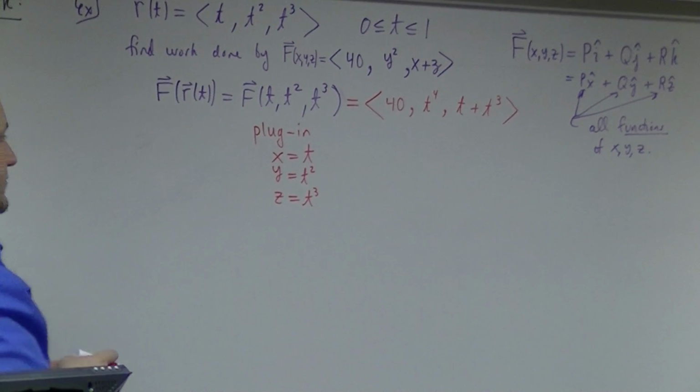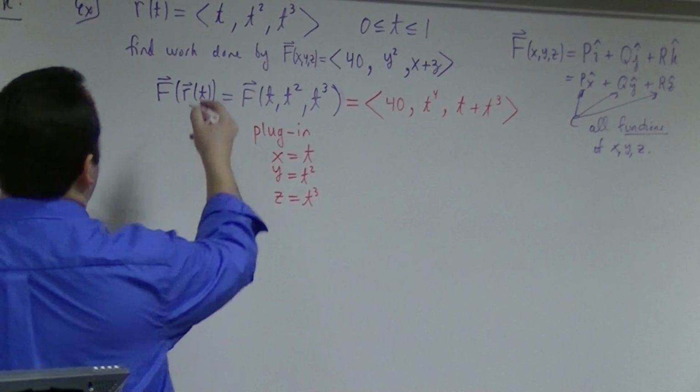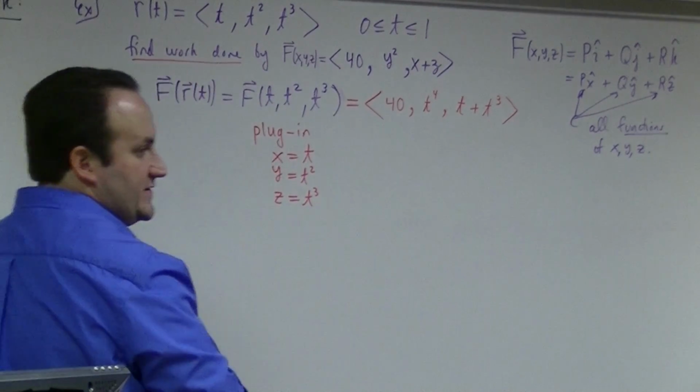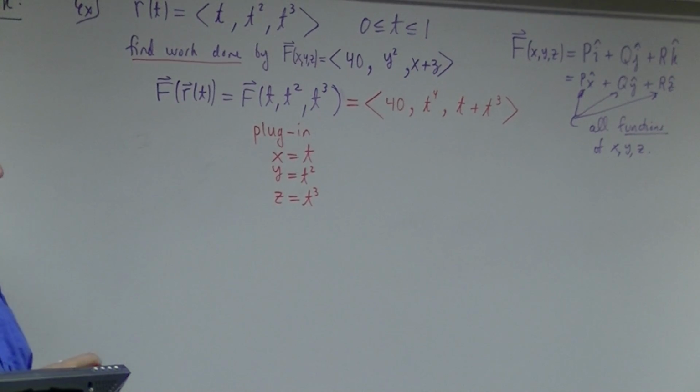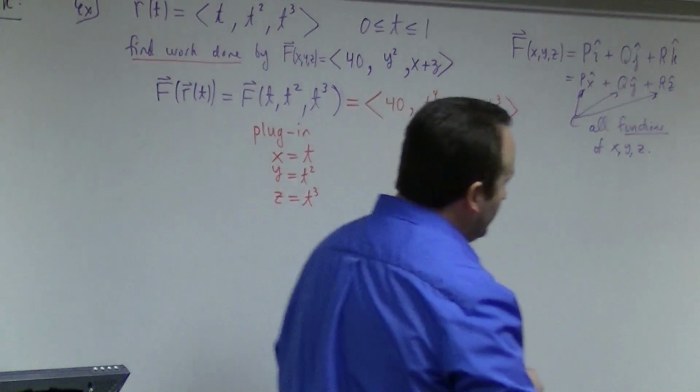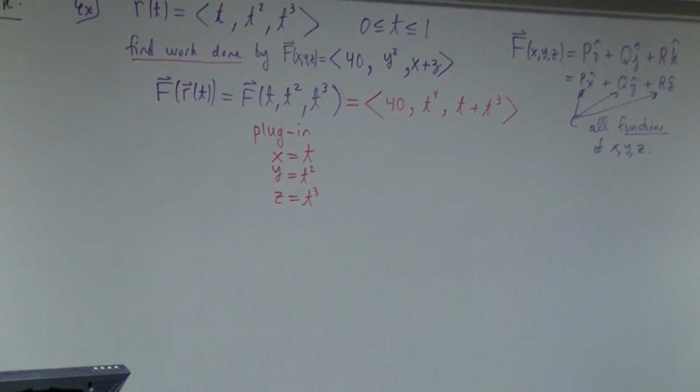At the moment we want to find the work done by this force over the twisted cubic, and we're assuming it takes a second to travel the twisted cubic, which is the path I wrote up there. So we've got this piece.